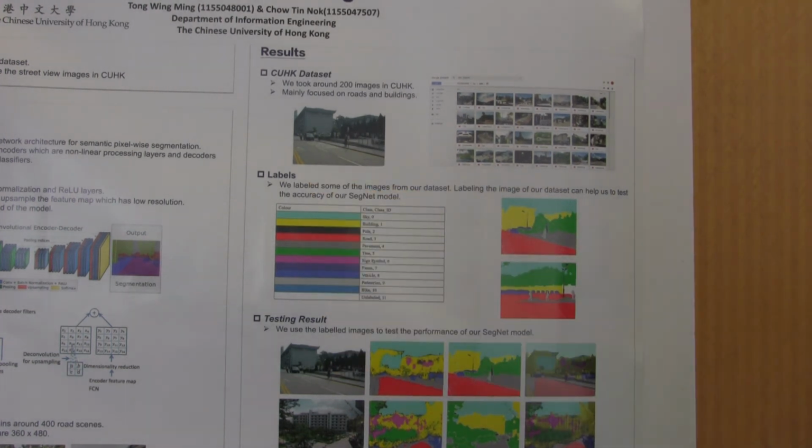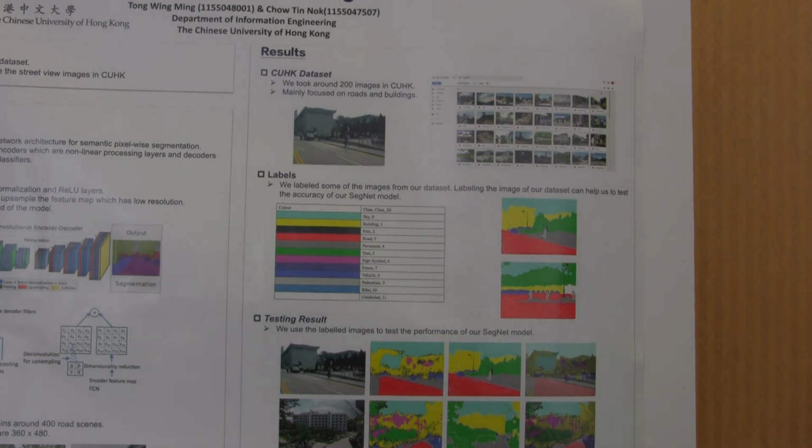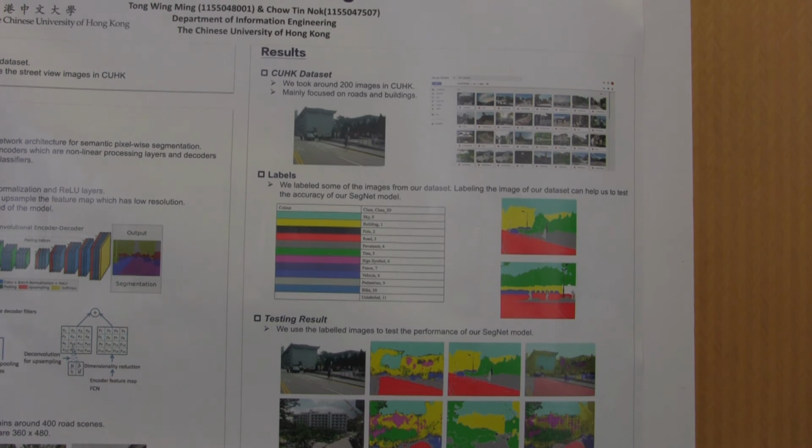And the next part is the labels for our SegNet model. The labels are very important for our SegNet model because they are used to test the accuracy of our SegNet model and used to train. And there are 11 classes in the SegNet model. The last one, at the bottom, is the unlabeled class.